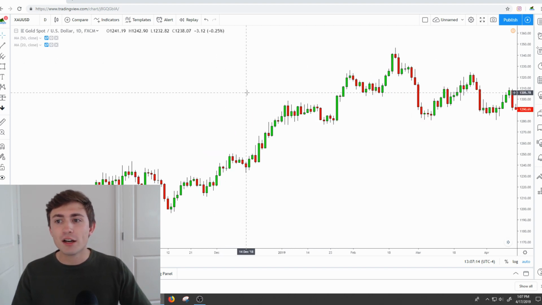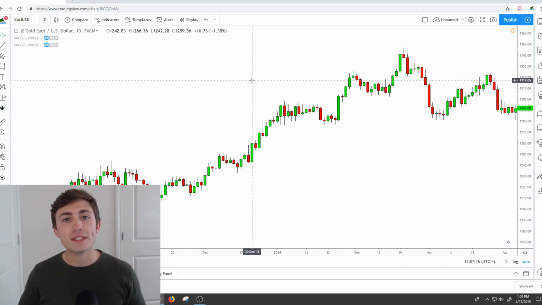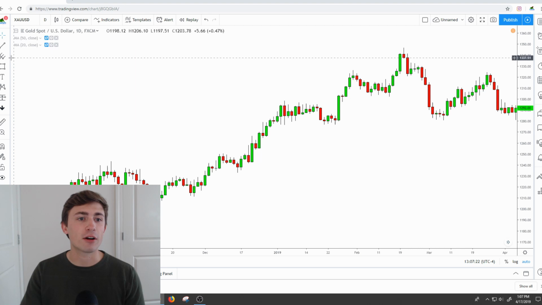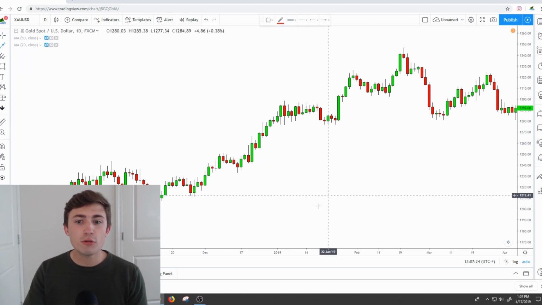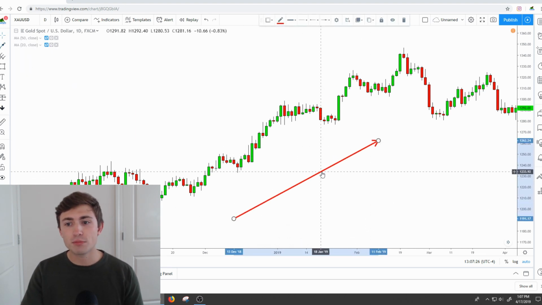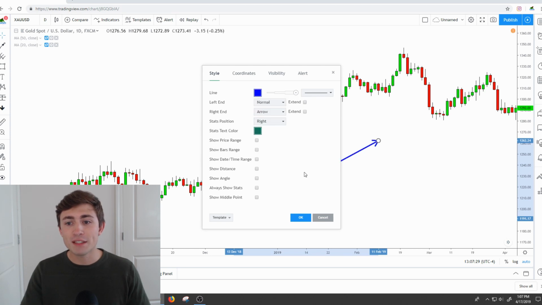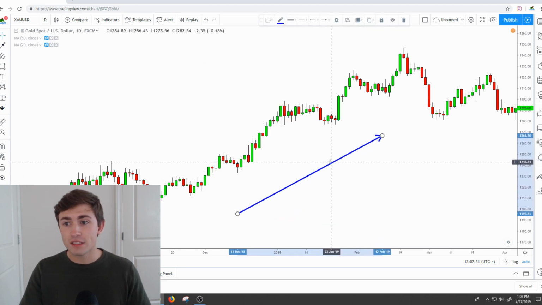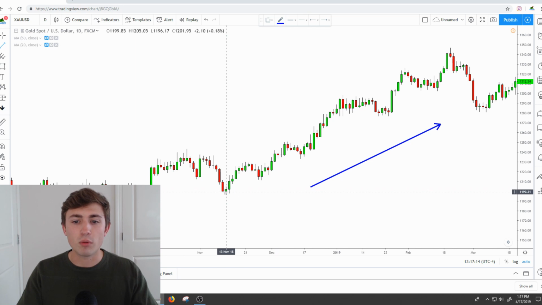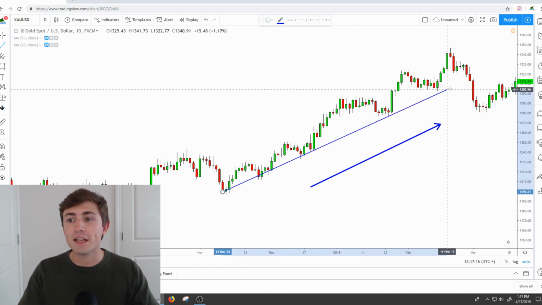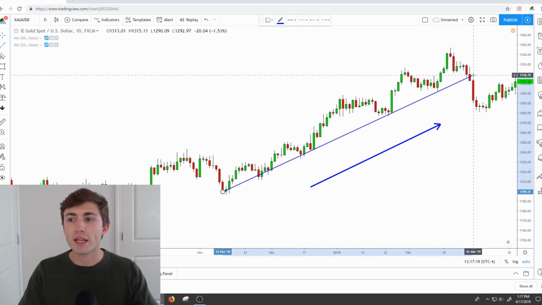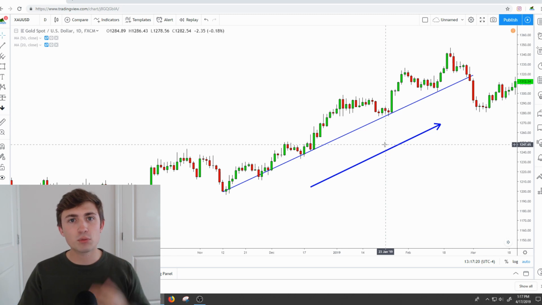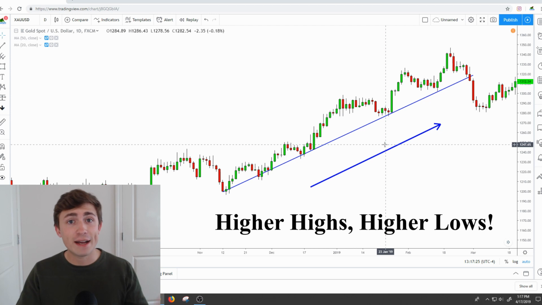Like I mentioned, our concept today is looking for clues in the market that a trend may be ready to reverse. We had a fantastic run up here on XAU USD to the upside. You can see lots of bullish momentum here for many months really on this currency pair. If we draw a trend line here, we can identify that during the course of this bullish trend, there were multiple times where price was supported by the bulls and pushed to new highs, forming higher highs and higher lows.